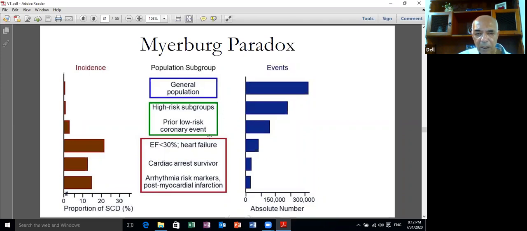You cannot get in the general population these criteria, nor the other criteria like signal-averaged electrocardiogram, T-wave alternans, heart rate variability, carotid sinus responsiveness, or even the risk factors for atherosclerosis or imaging. All of these failed to identify in the general population, which is the source of the large majority of sudden cardiac death population.